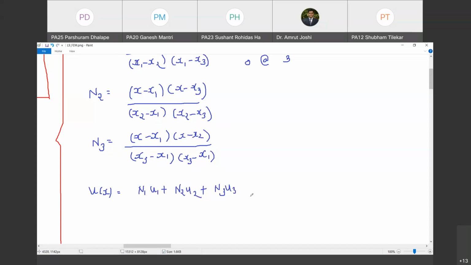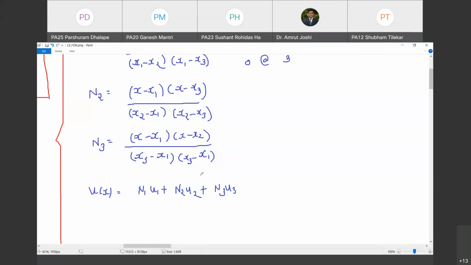That you have to understand. u1, u2, u3 are x directional deformations at node number 1, 2 and 3. So they are constants. They are not going to vary as I change x. Do you agree with me? Type your response in chat box. Are you with me till this point?